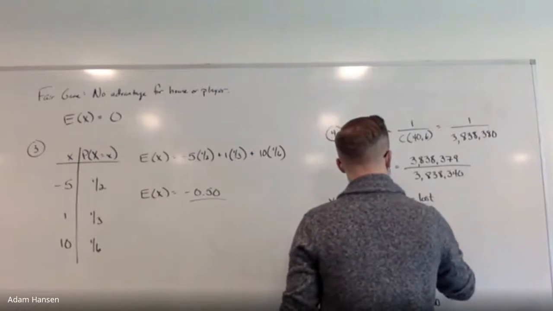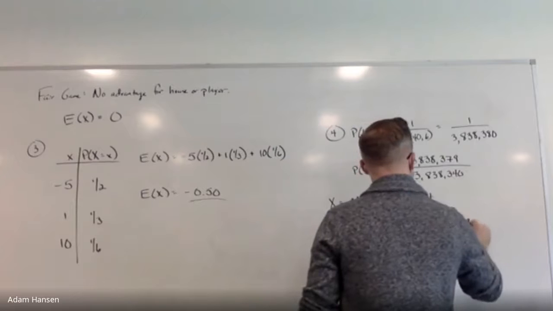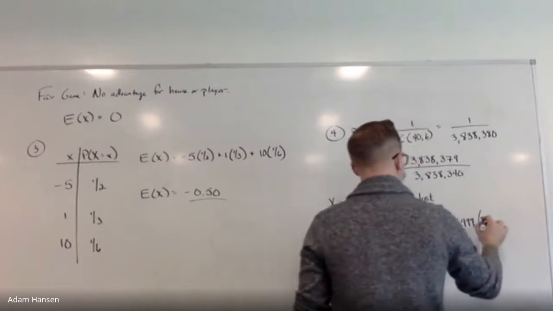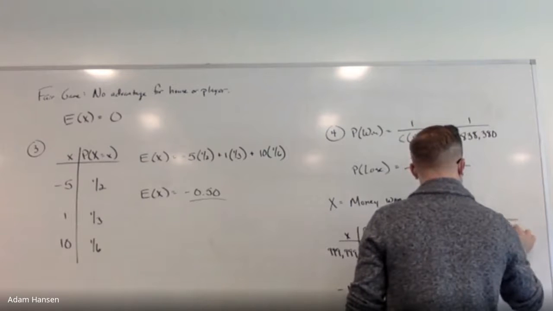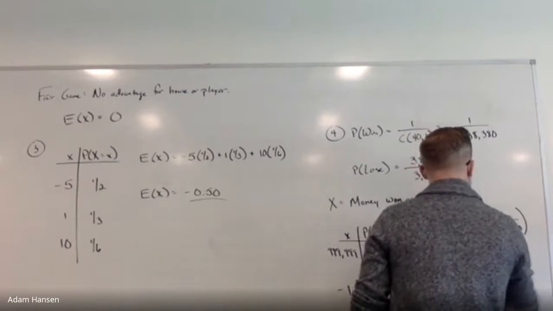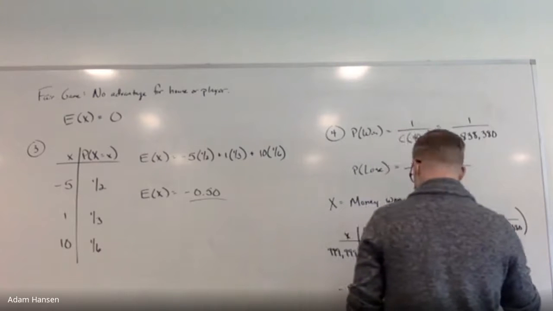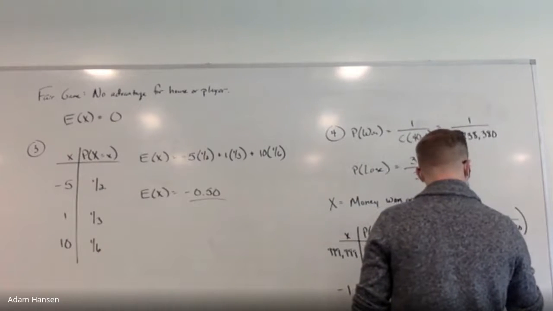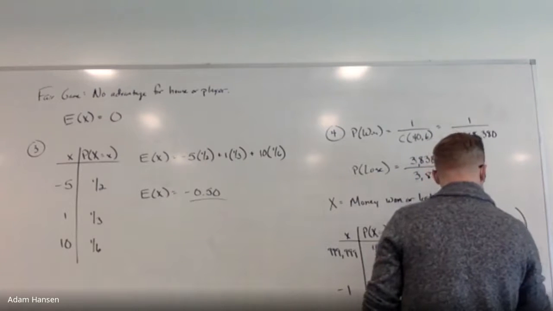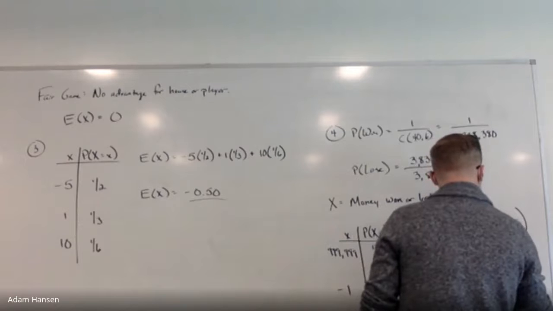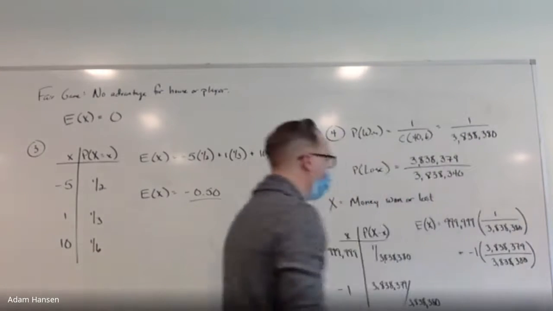Let's take $999,999 times the jackpot probability plus -1 times the losing probability. That's a lot of numbers to type in, but there we go.